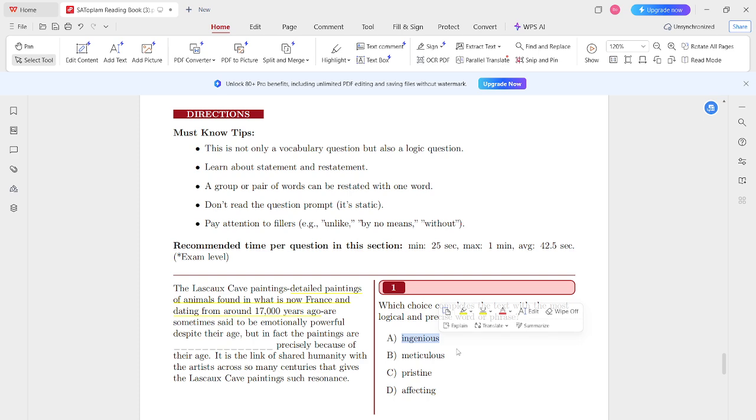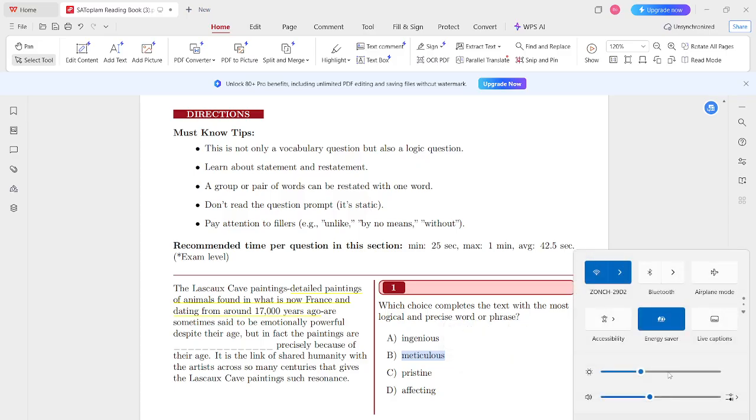Ingenious is usually somebody that is clever, that is a genius, that is very, very clever. Ingenious is not something that means emotionally powerful. Meticulous also means careful or carefully.